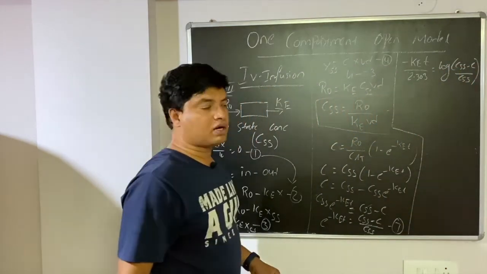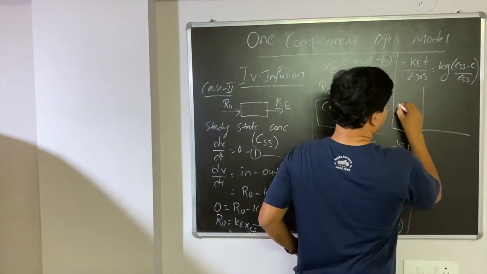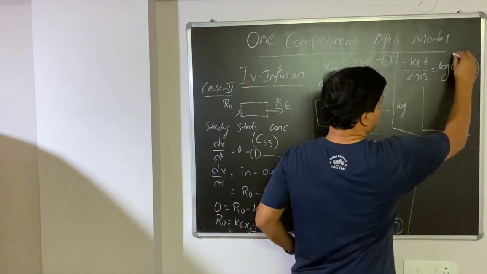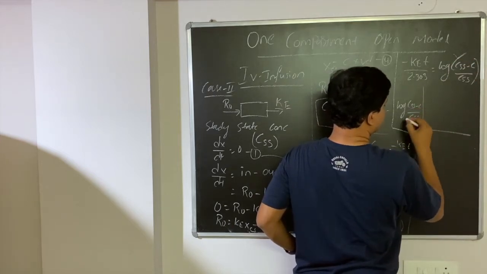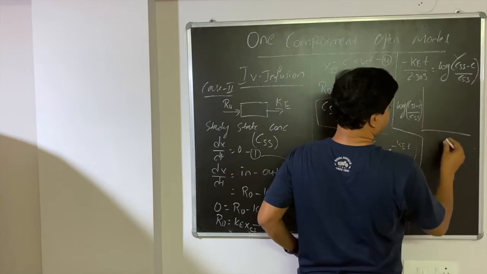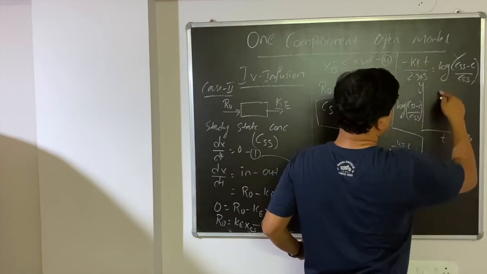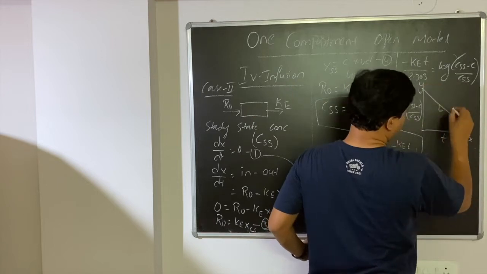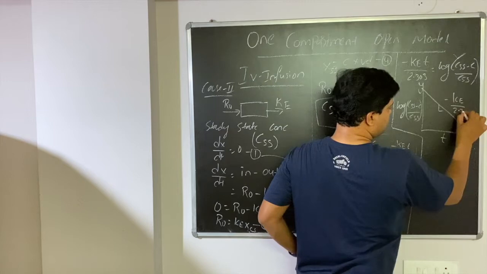Now try to plot the graph for this. The y-axis will be log CSS minus C by CSS, and the x-axis will be time. Because the slope is negative, we get a negative slope, and the slope will give you minus Ke by 2.303.